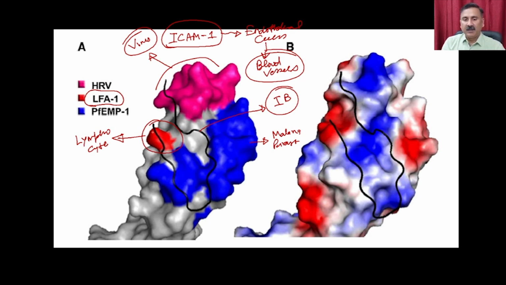So what we want is to modify this in such a way that it is going to go and bind here and disrupt the interaction of the malaria parasite with the ICAM1 molecule. Because when the malaria parasite interacts with the ICAM1, it introduces cytoadherence, and that's how it is responsible for the development of cerebral malaria.